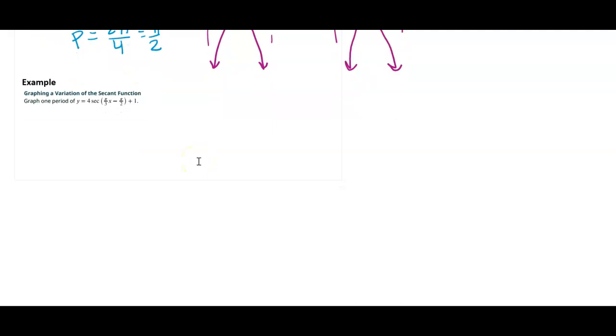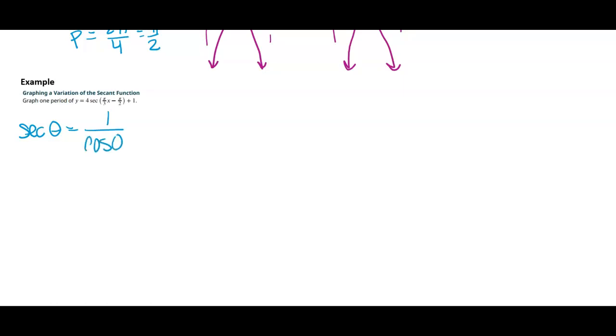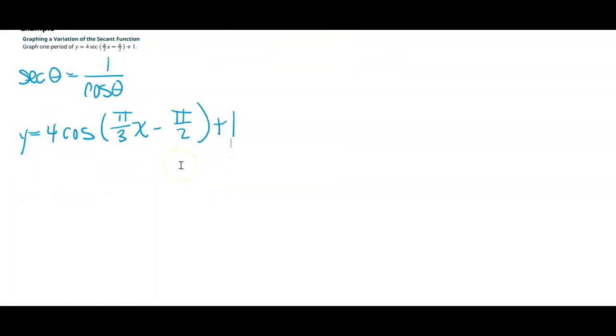All right, let's go ahead and graph a secant function. I'm going to do the same thing where I say, okay, secant of theta is 1 over cosine theta. And so if this was y equals 4 cosine of pi over 3 x minus pi over 2 plus 1, then I would know that I have a stretch of 4.